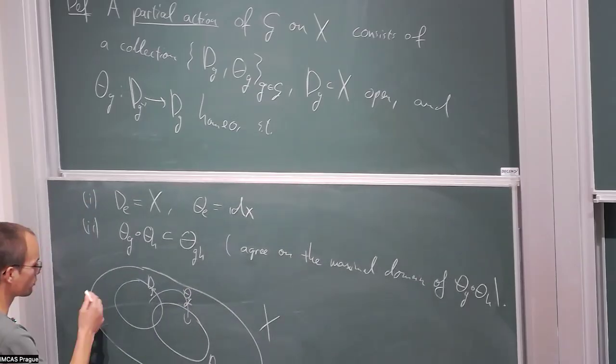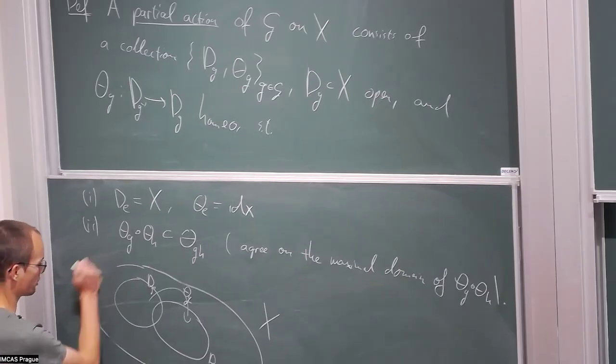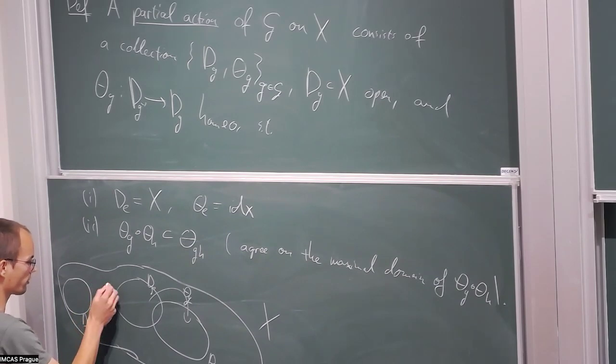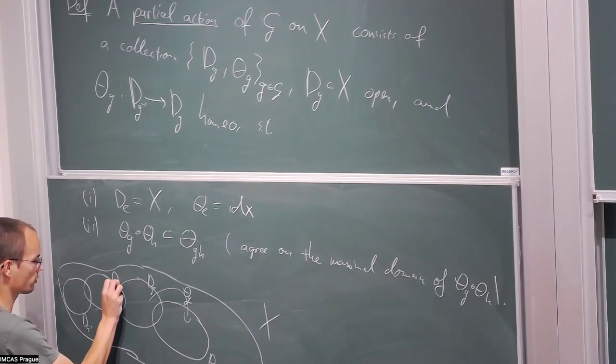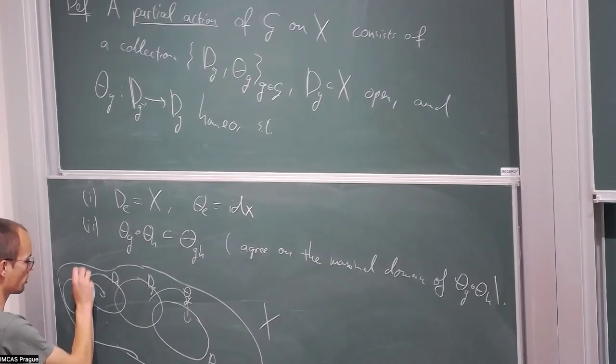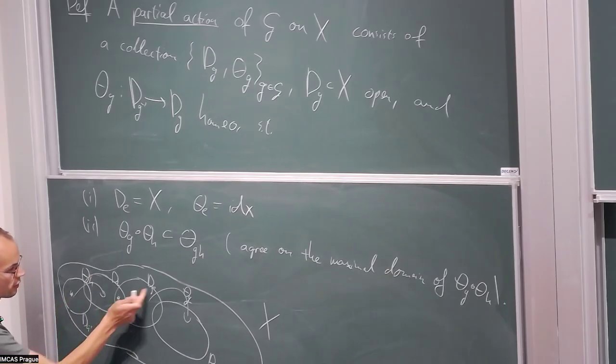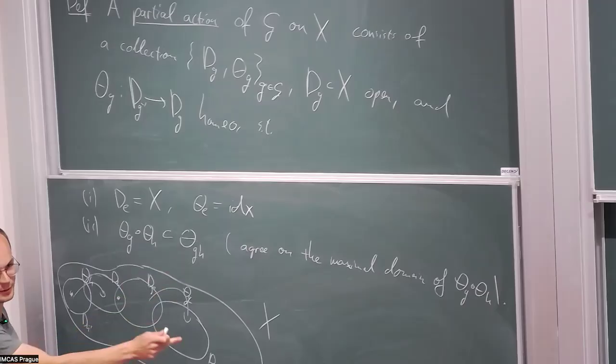And now you have some other domain, D_{h inverse}. This maps to D_h. And now you want to compose these two, but you can't do that on this entire domain. You can only do it on those points which get mapped into the domain of theta_g, and then you can apply it again.